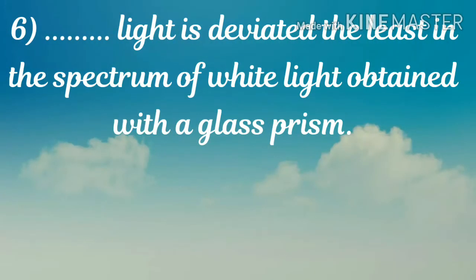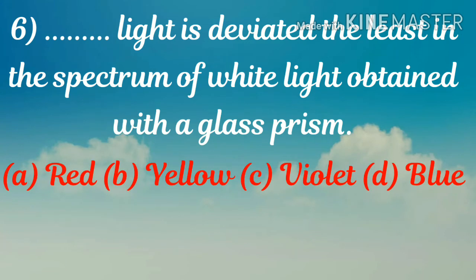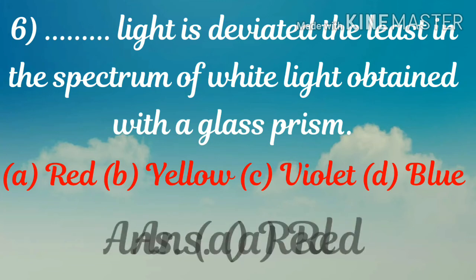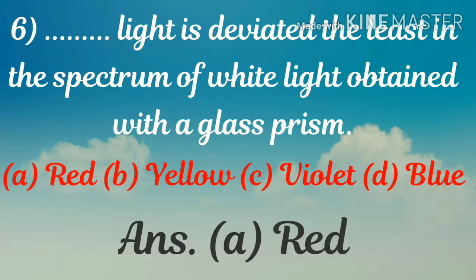Dash light is deviated the least in the spectrum of white light obtained with a glass prism, and the options are A. Red, B. Yellow, C. Violet, D. Blue, and correct answer is option A. Red.